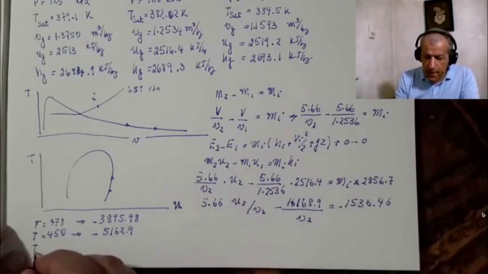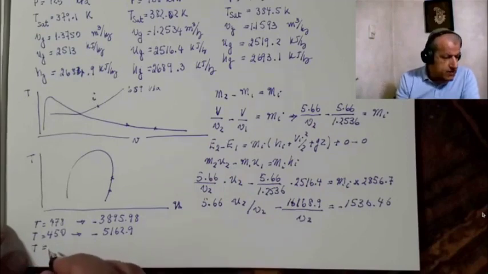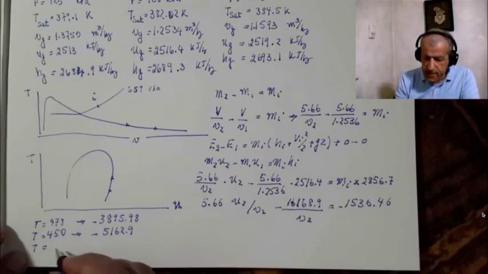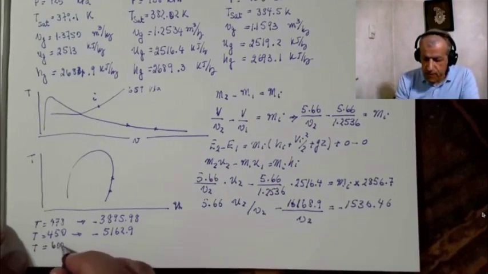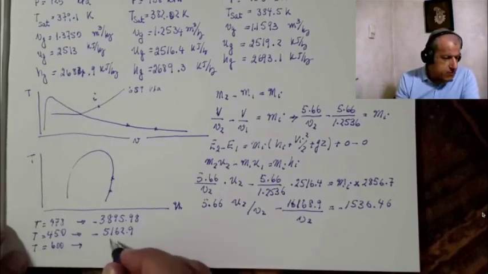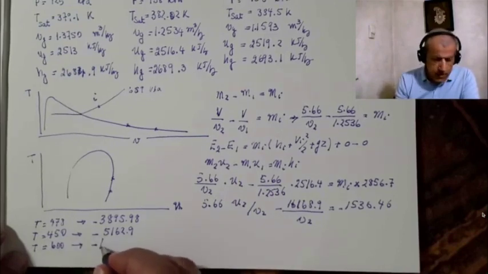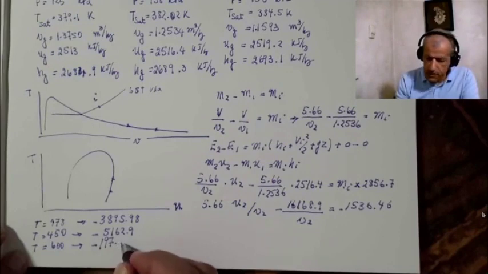So go up, and I have tried many numbers, but at T equals, let's say, 600, the answer would be minus 197.18.